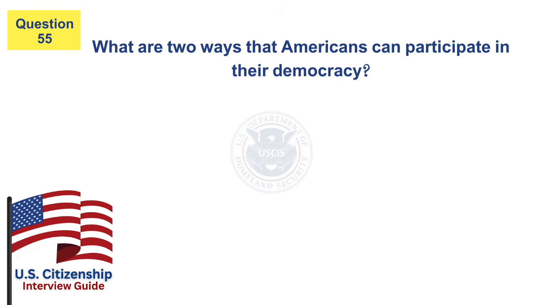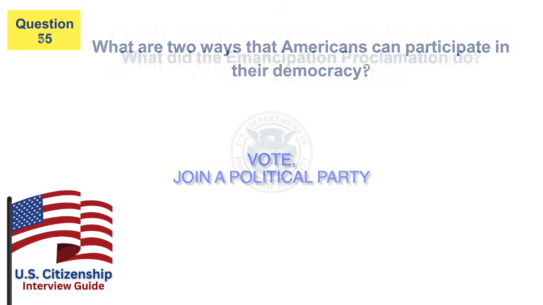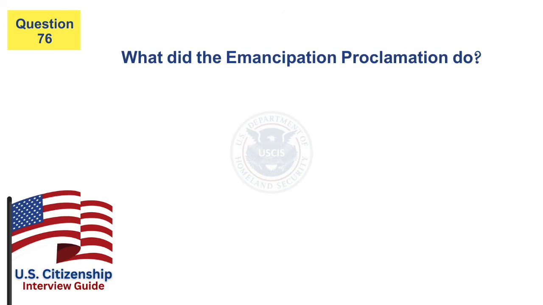What are 2 ways that Americans can participate in their democracy? Vote. Join a political party. What did the Emancipation Proclamation do? Freed the slaves.